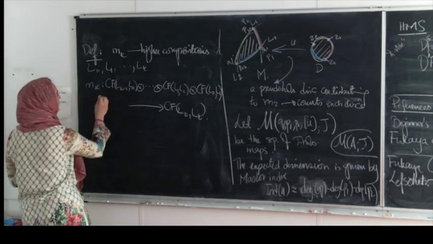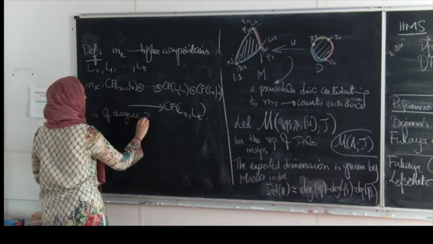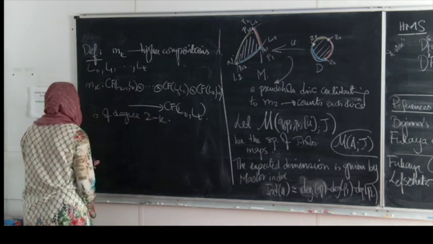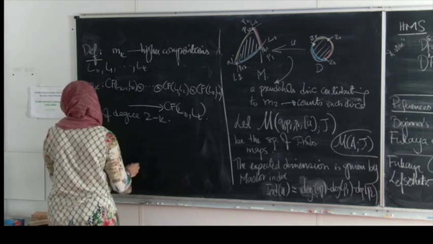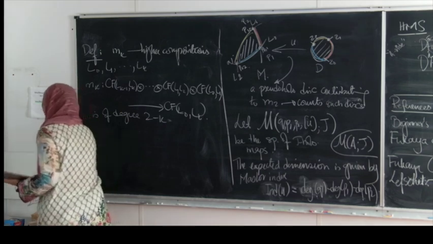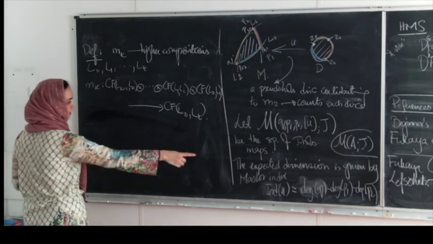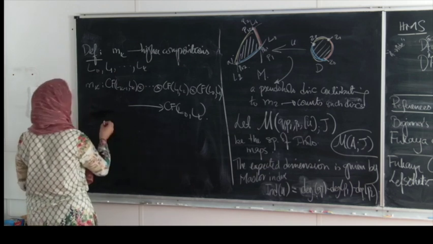Okay, so this is of degree 2 minus k in the situation when the complexes are graded. So let me just leave that for now. We'll do that discussion later on.